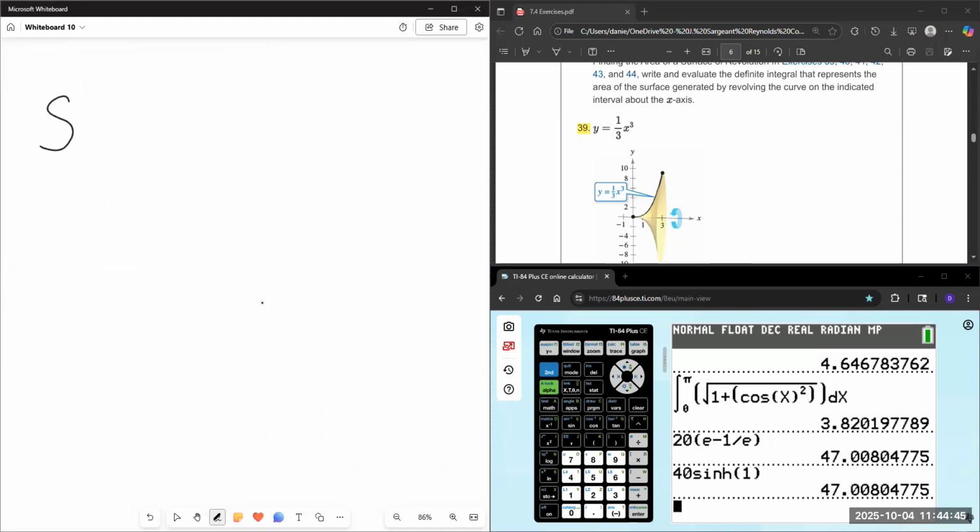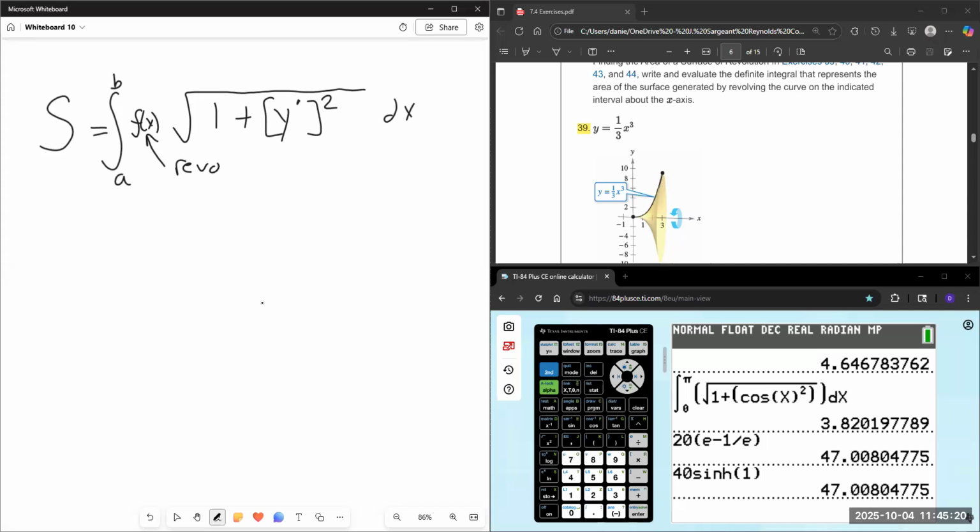So I'm going to use capital S to represent surface area, and that's going to be equal to the same square root that we've been talking about, 1 plus y prime squared dx, integral here from a to b, but there's going to be an extra piece here, and it's going to be a y, or an f of x, if we are revolving about the x-axis.